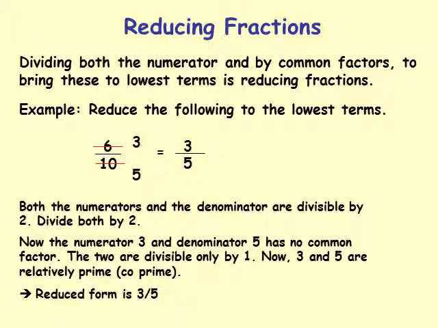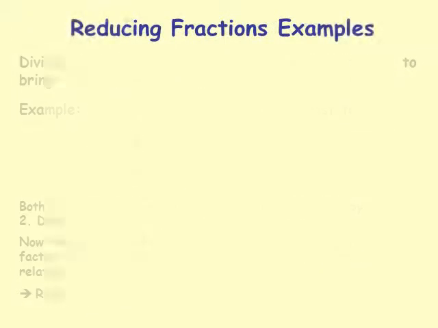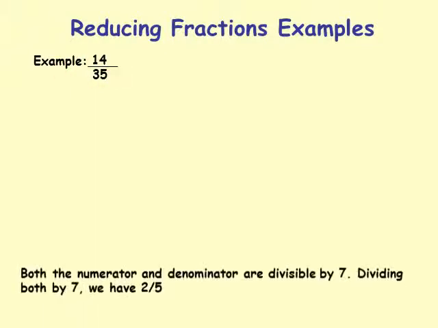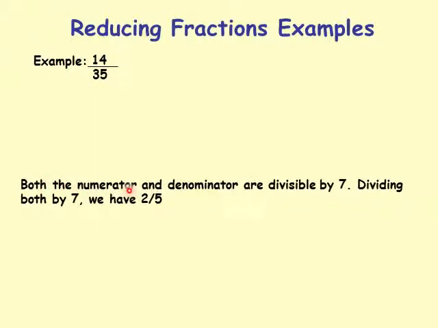Let's do some examples of reducing fractions. Example: 14 divided by 35. Let's see how we reduce that. Both the numerator and denominator are divisible by 7. 14 is in the table of 7 and so is 35.